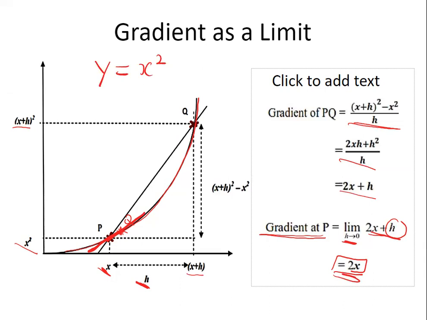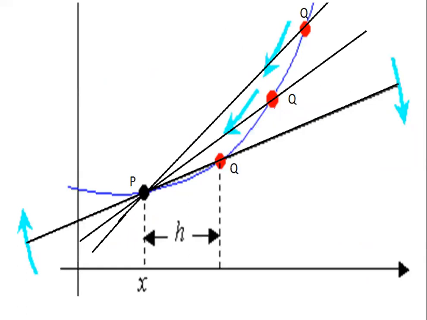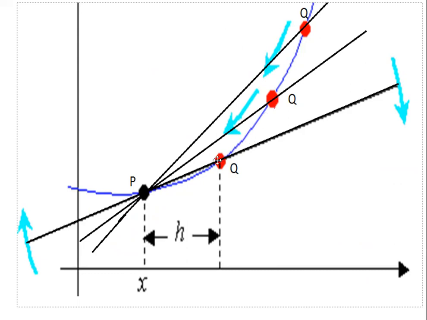To help you visualize that some more, look at this graph. As you take Q and bring it closer and closer to P, the secant basically becomes a tangent at P, and h shrinks to almost zero.